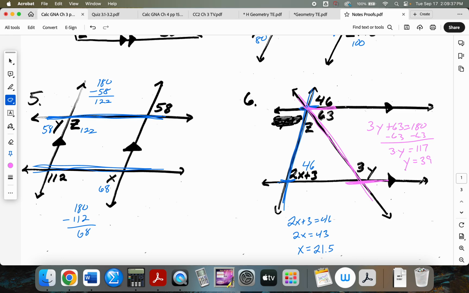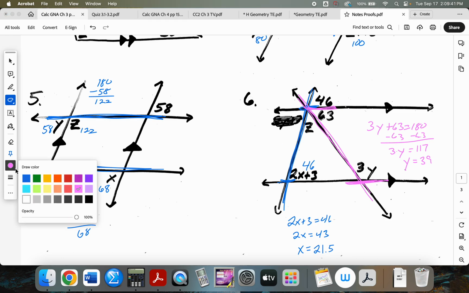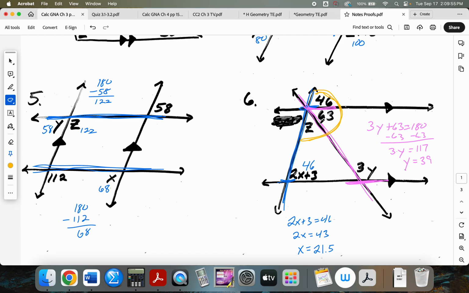And then we stuck z in here. Notice z is not made by any lines that we know are parallel. So this has nothing to do with what we just learned. But what do we know about these three angles together? Since this is a line, what do they have to add up to? 180. So 46 plus 63 plus z has to be 180.